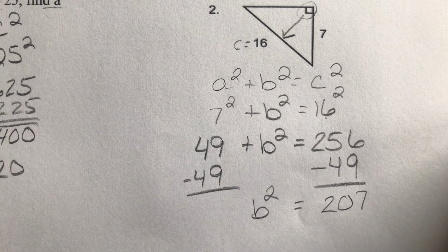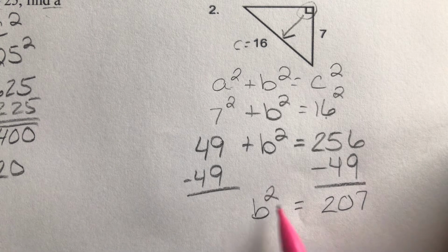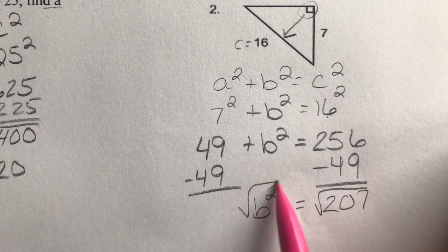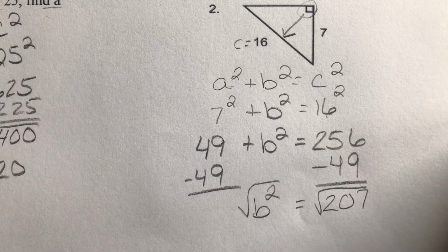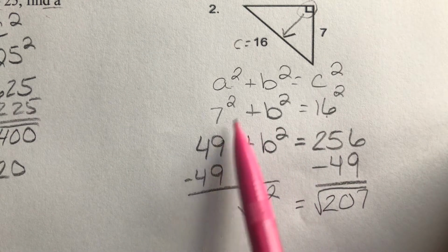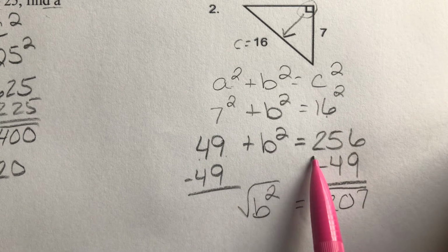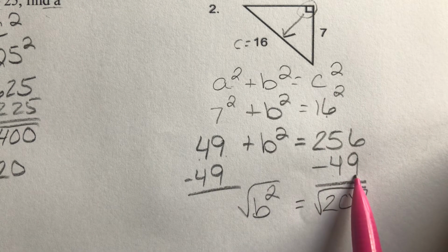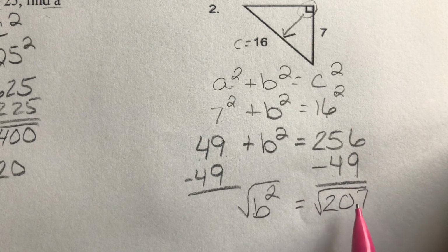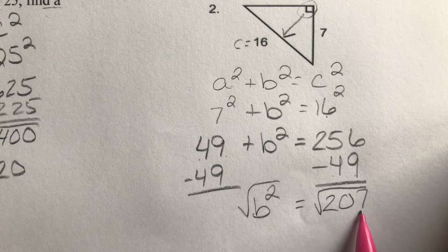Square root of 207 is 14. I don't remember not getting a perfect number. Just want to make sure I didn't screw anything up. 7 times 7 is 49. 16, 256 minus 49 is 207.